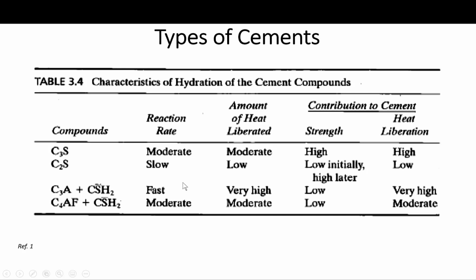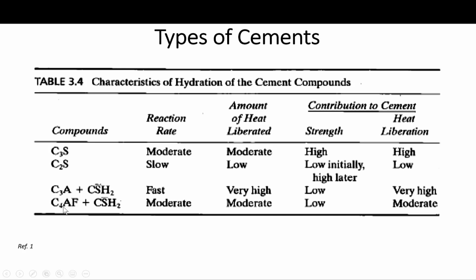Heat liberation is low. The C3A, tricalcium aluminate, of course, again, you always see this with gypsum, because that's the intent of adding gypsum to the cement. Its reaction rate is very fast. Amount of heat liberated is very high. Contribution to strength is low, and the heat liberated is very high.